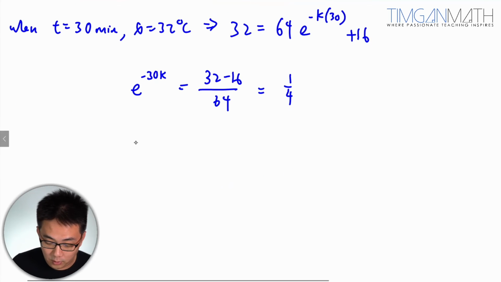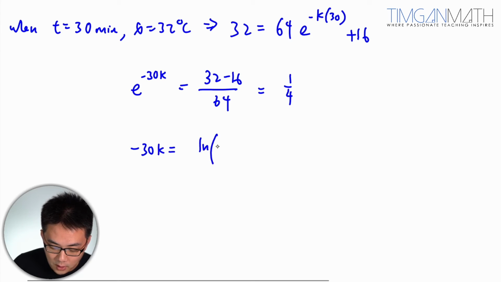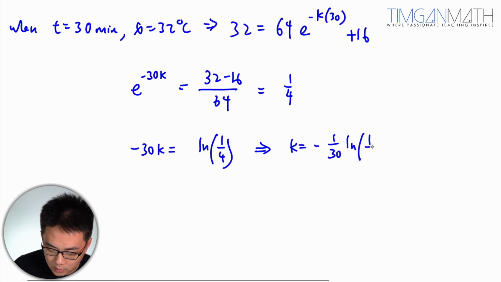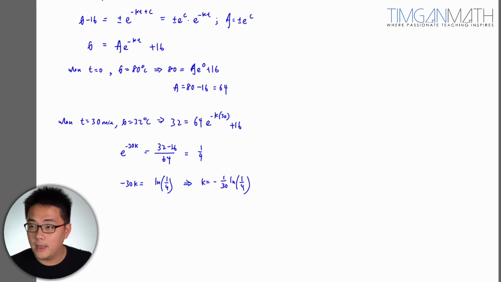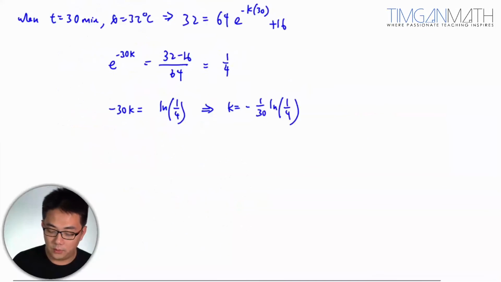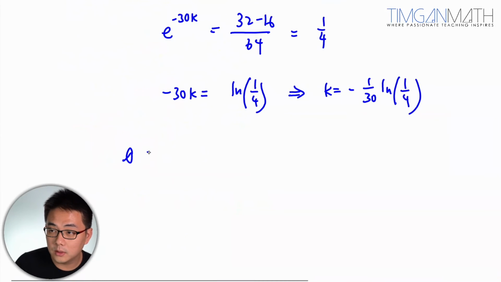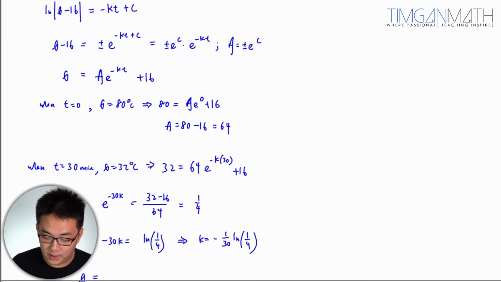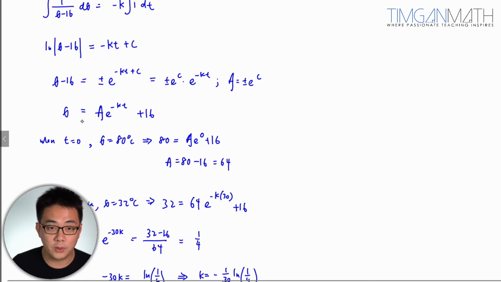After which we're just going to take ln on both sides, and this will be okay, right? I'm just going to leave it as minus 30k equals ln 1/4 here, and basically k equals 1 over 30 ln 1/4. Okay, great. So this is how you solve, because now you want theta. So theta is equal to, in an exact function of t, so exact meaning to say we need this expression for theta.